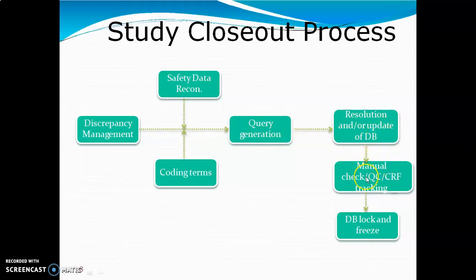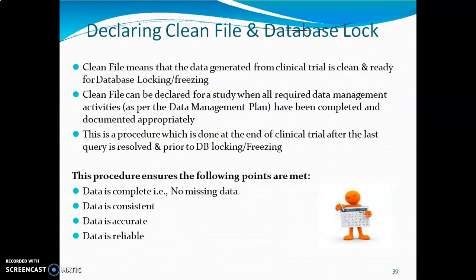There are also possibilities like manual checkup with QC, or even CRF tracking, which can be done remotely. After everything is completely verified, we can go for database lock, and later it will be frozen. So here the clinical trial is completed.